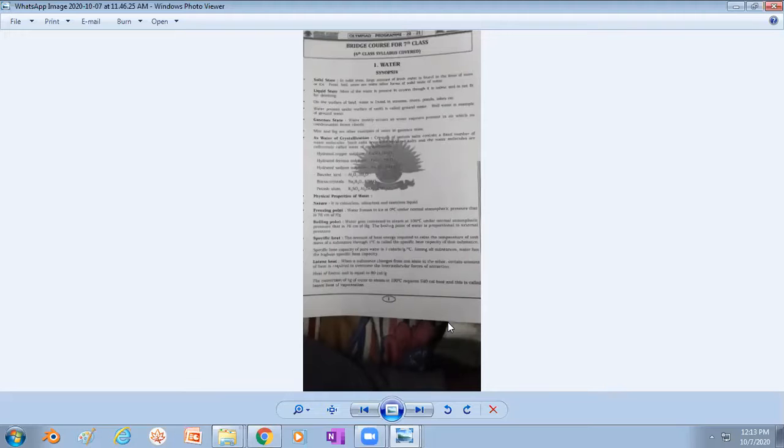For example, copper sulfate, magnesium sulfate, sodium sulfate, and iron sulfate all contain some amount of water molecules. Such salts are called hydrated salts, meaning they have water. And the water molecules are collectively called the water of crystallization.